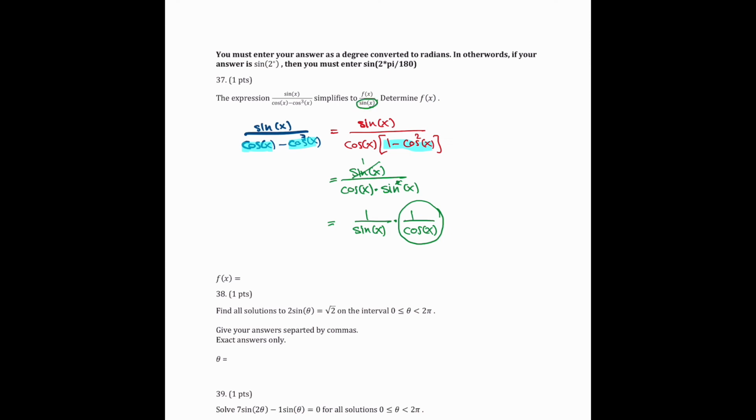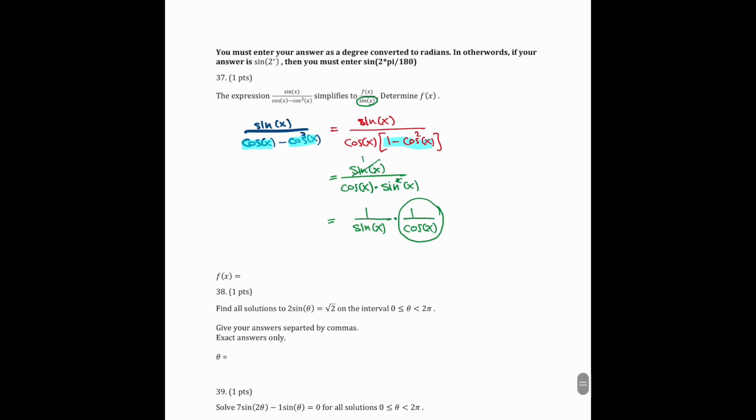So 1 over cosine is secant. So this is 1 over sine x times secant x, which becomes secant x over sine x. Now compare that to f of x over sine x. I will have f of x equals secant x.